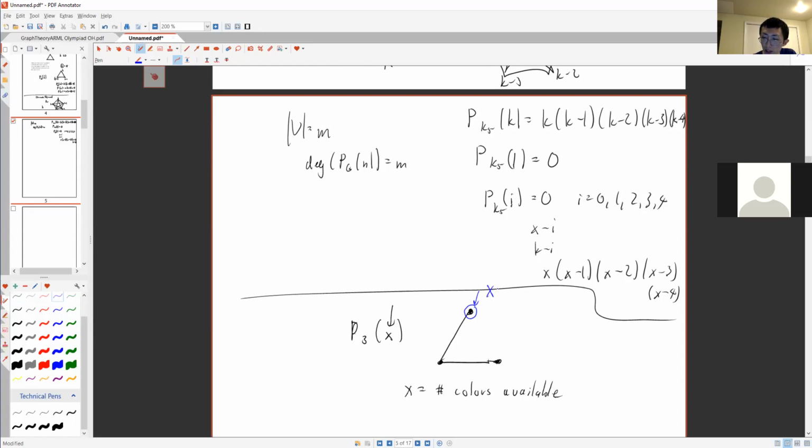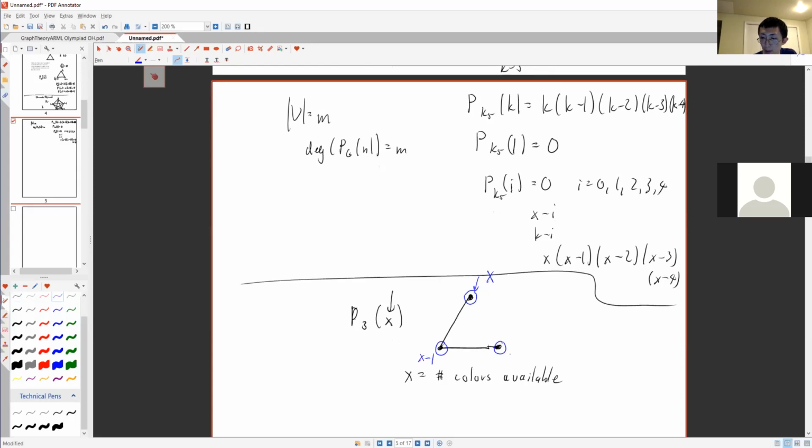There's no restrictions. And then how many ways to color the second vertex? Well, it can't be the same as the first color, so there are x minus 1 ways to color it. And then what about the third vertex? Yeah, so this time it is x minus 1. It can't be the same as the second one, but it can be the same as the first one.